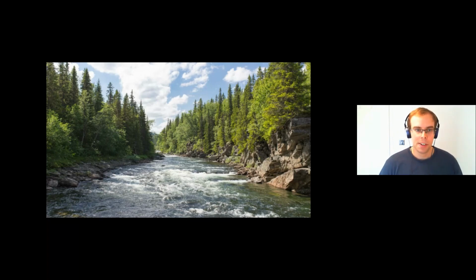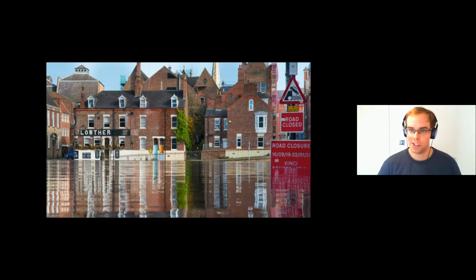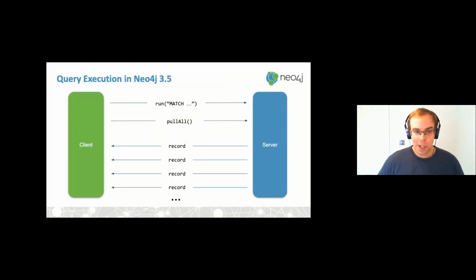But if there's been a particularly rainy period and the rainwater is above the capacity of the river, we end up in a flooded situation, which isn't any fun at all. Bringing this back to the data world, this flooded situation is happening on the client, because the client isn't able to keep up with the pace at which the server is sending results back.